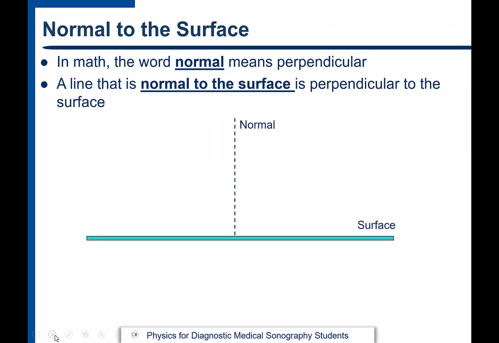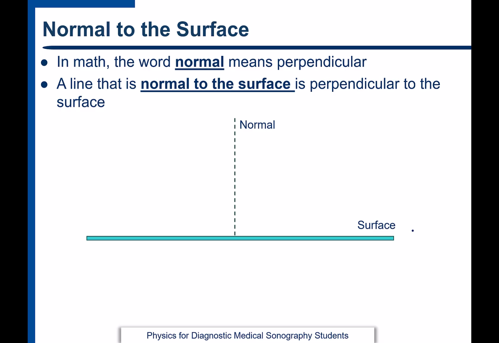The next thing we need to do is define what it means when we say that something is normal. In math, the word normal is used to mean perpendicular. And we're going to be talking a lot about a line that is normal to the surface. So here we've got a surface, and we'll see that for us this could be either a mirror or a transition between two different materials.